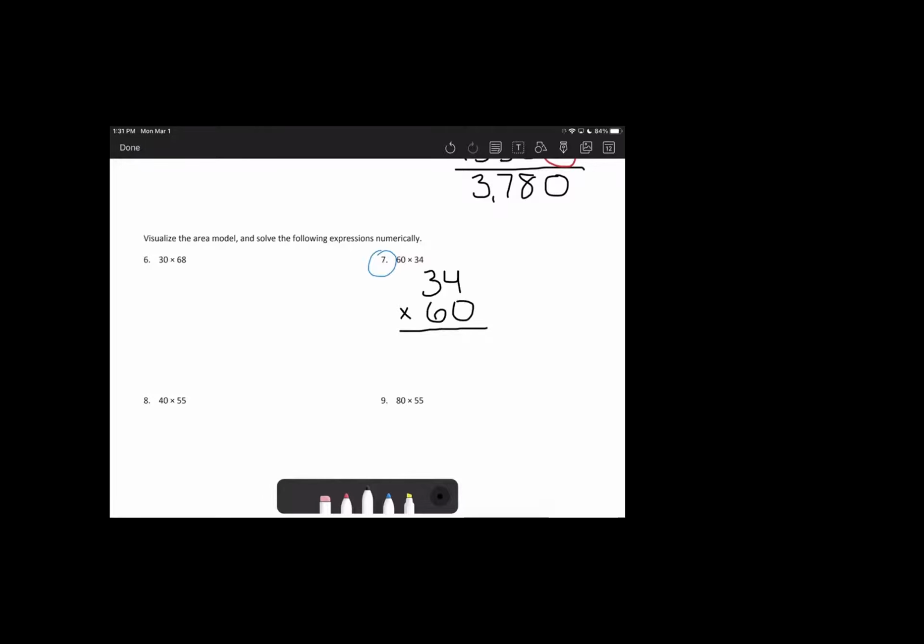So if we're thinking about our area model, Caliana, we're thinking of our small rectangle. What two numbers are we multiplying to find the area of the smaller rectangle? 60 and 34. Not 60 and 34. What two numbers would we break 34 into?